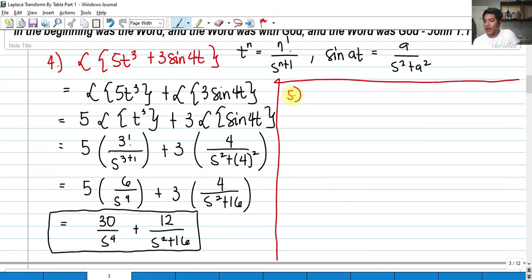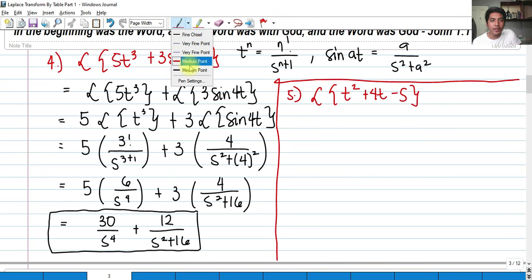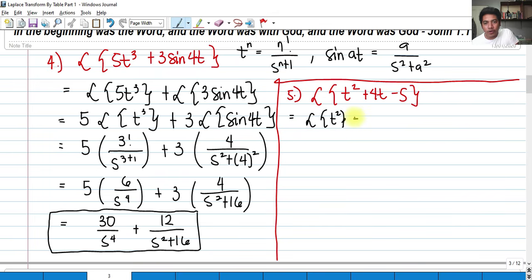Number 5, we have to find the Laplace transform of t squared plus 4t minus 5. Again, applying the Laplace transform property, we have the Laplace transform of t squared plus the Laplace transform of 4t, then minus the Laplace transform of 5.